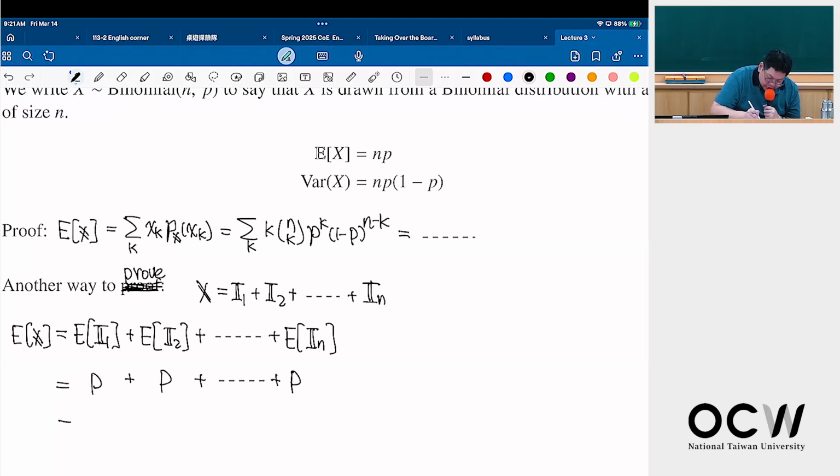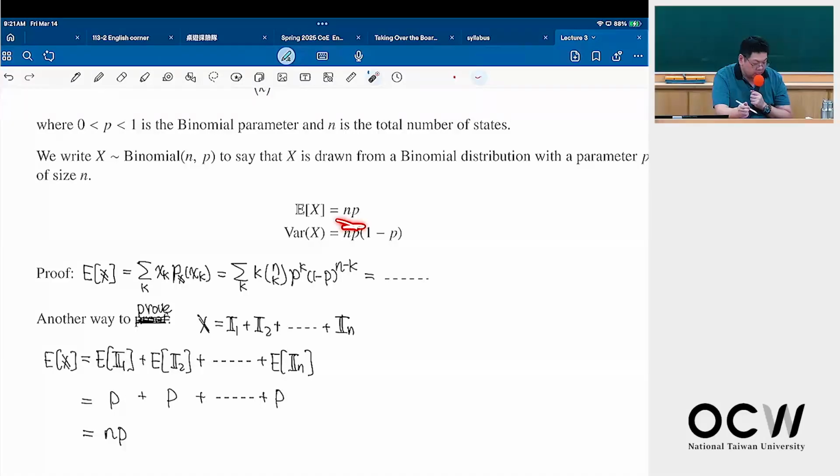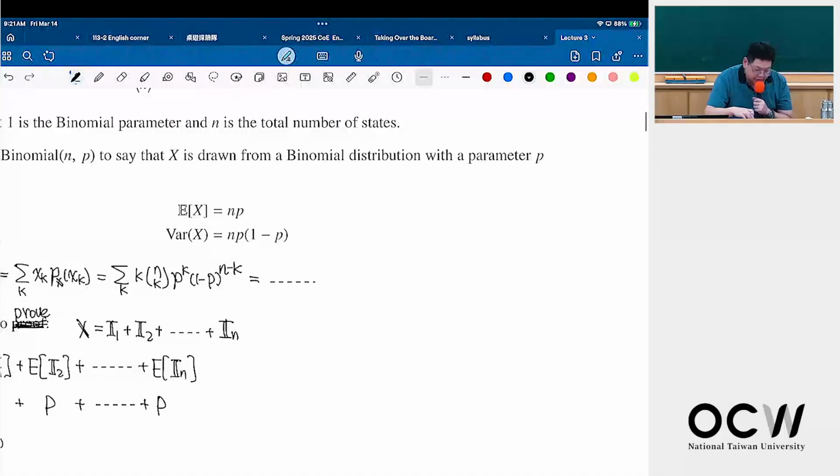So I have MP. Okay. Similarly, then let's do the variance.